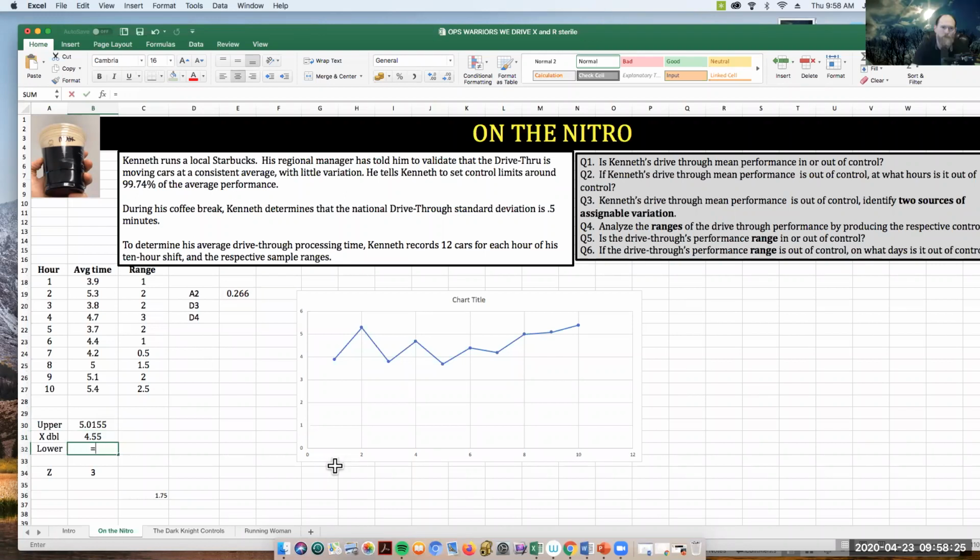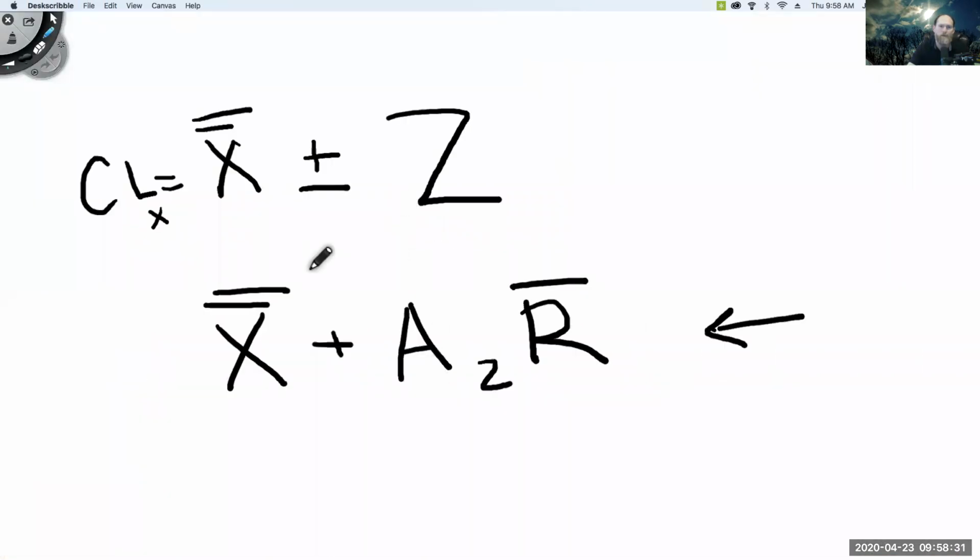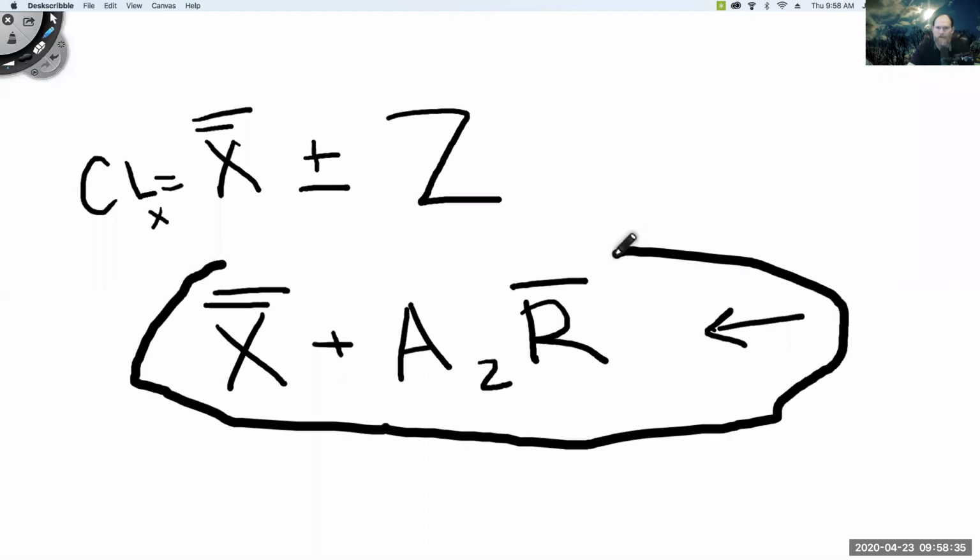Okay. So I'm just going to repeat what Myra said to do. We are using this formula right here. We could use this one, but the problem is when we go to do the R chart, we're going to have to use the sister of this formula, which essentially is what Myra is saying.